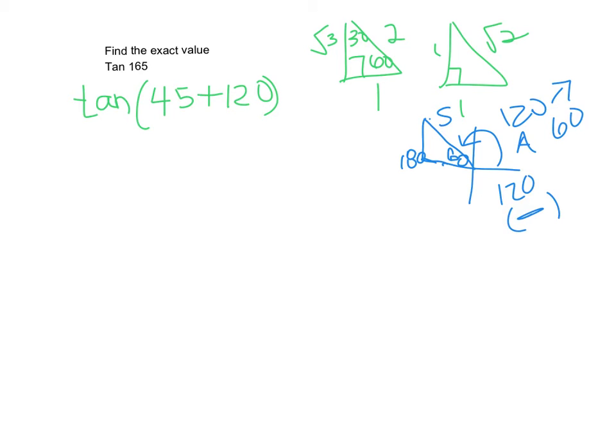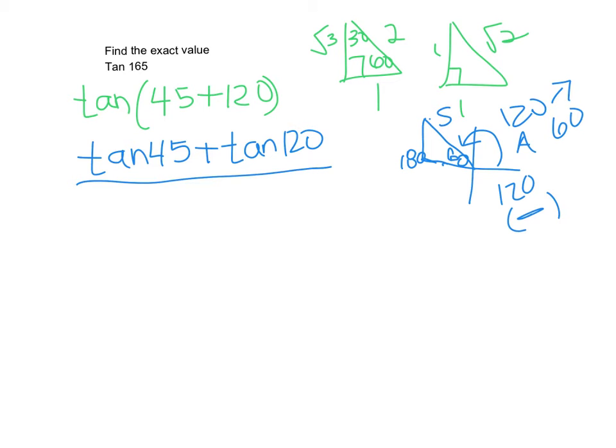Okay, so tangent is another formula. This one's a little bit different. I'm going to go tangent of the first, and then it's going to be plus in the numerator. So tangent of 45 plus tangent of 120, and that's all over 1. And in this case, we are going to be subtracting now. So we switch the sign from what it was, and then you multiply the two together.